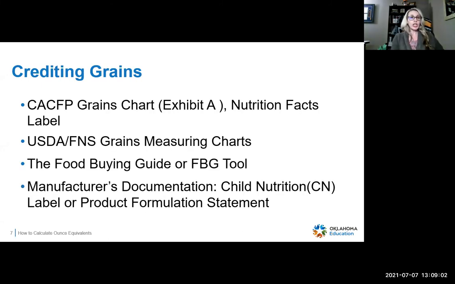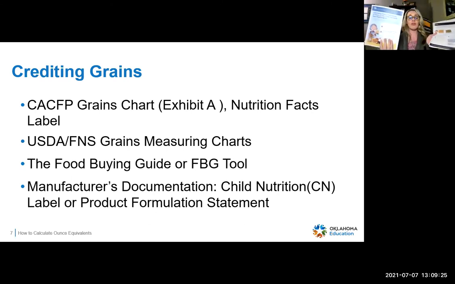So when we're talking about crediting grains, we're going to be using Exhibit A, which is the Grange chart. You guys should be very used to this and been using this for years. It's just been updated to go from 1 serving or 1/2 serving to a 1/2 ounce equivalent to 1 ounce equivalent. We're also going to be going over the grain measuring charts in the handouts.